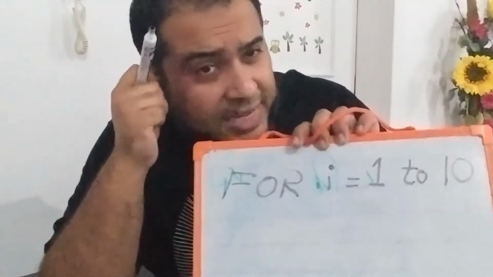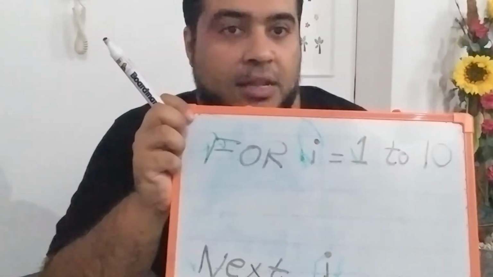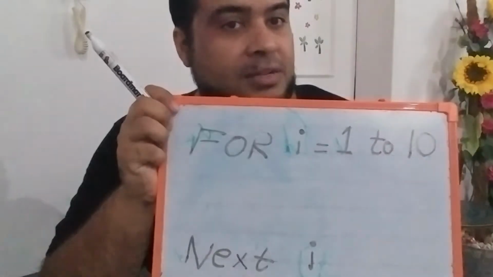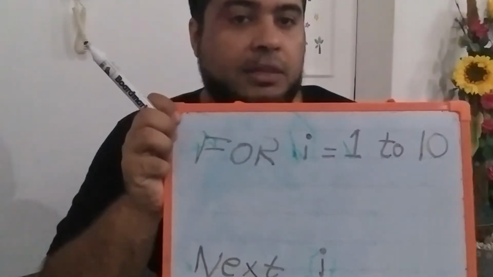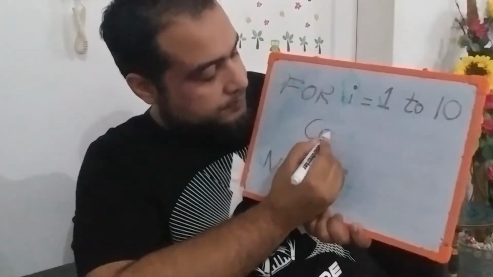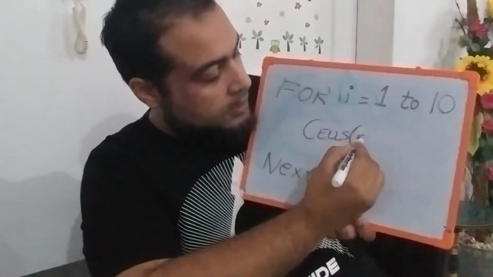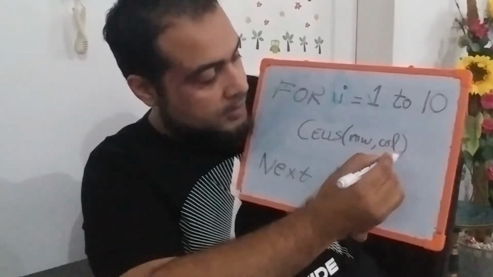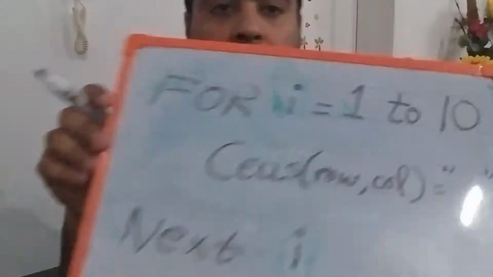Rub this off. There is also another command in Excel to change the value of a cell, which I actually prefer when we are using loops. You can always use Range, but there is another more powerful command, which is Cells. How that command works is Cells(row, column) is equal to whatever you want to say in quotes.